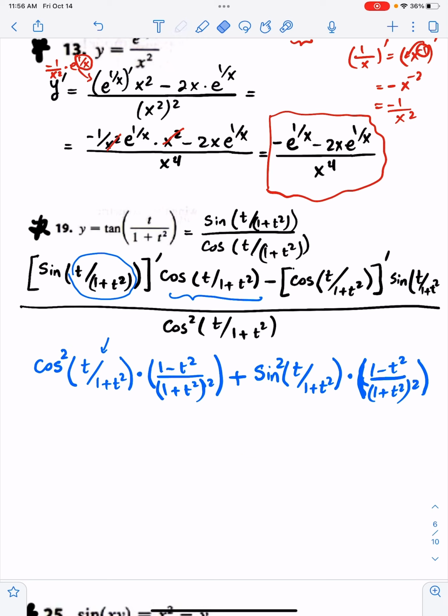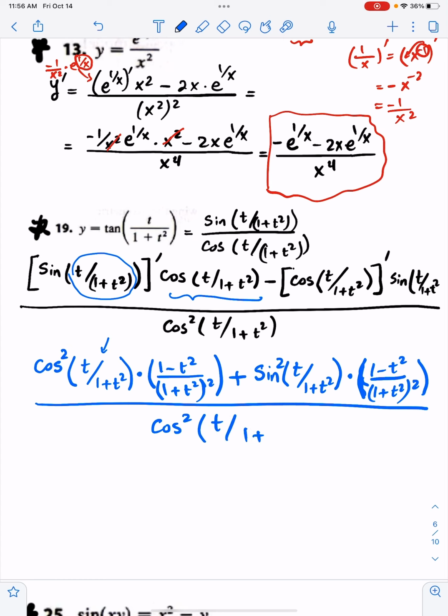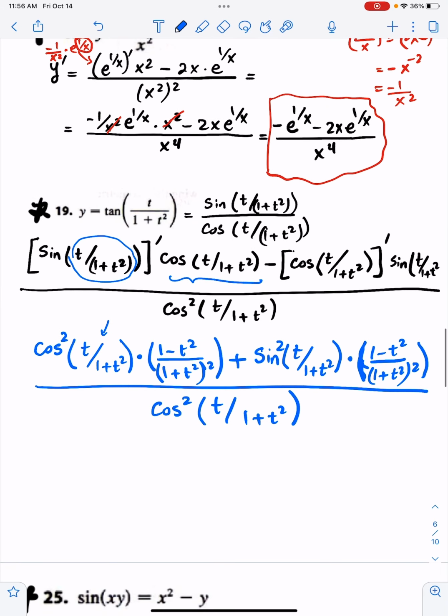Divided by cosine square of t over 1 plus t squared. Okay, now I'm going to factor out this one and this one. So I'm going to combine them by factoring these two out.